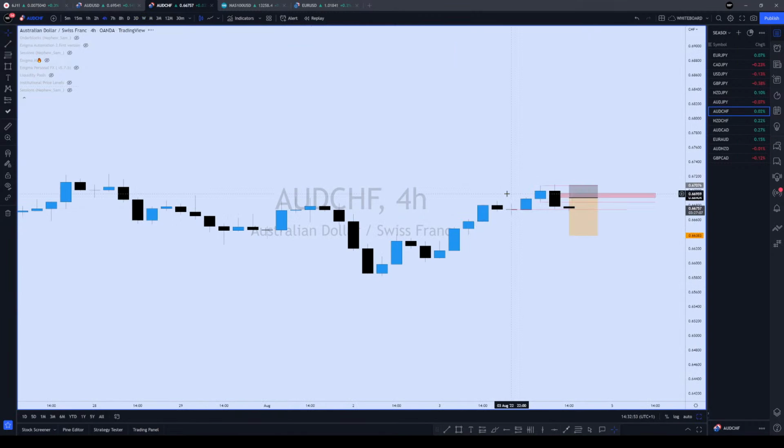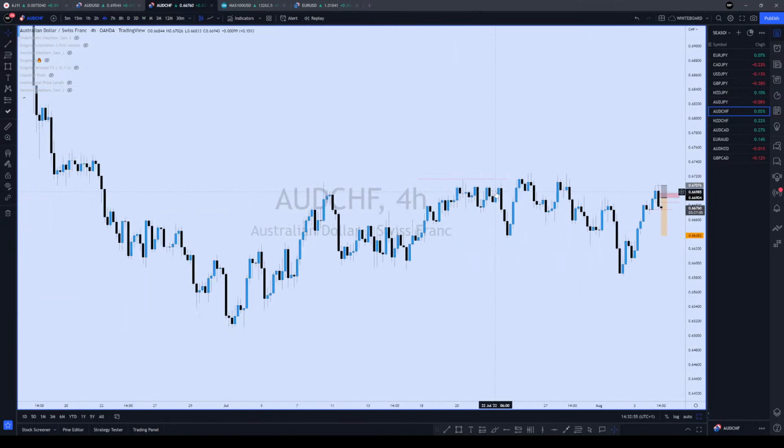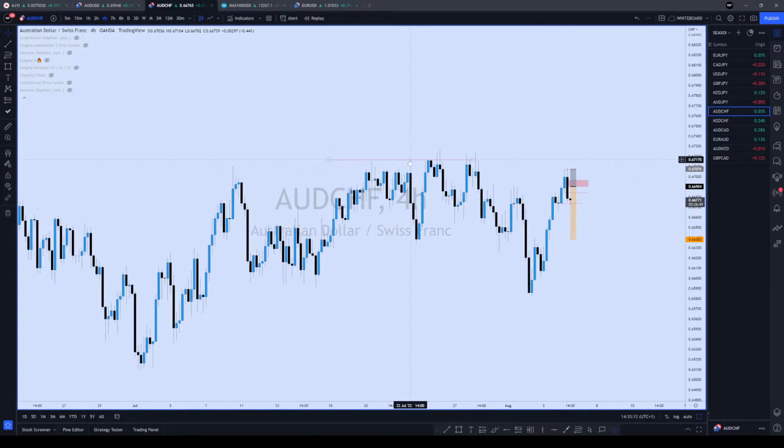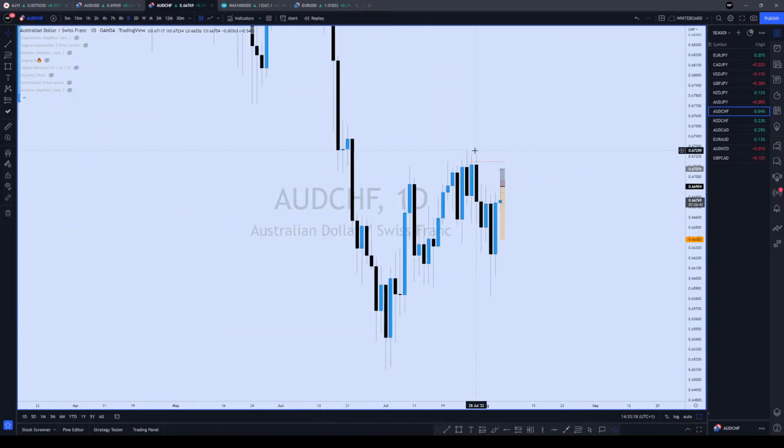And if we drop down to the H4, I'll call this displacement on the H4, this one. Here, that was a daily high there.